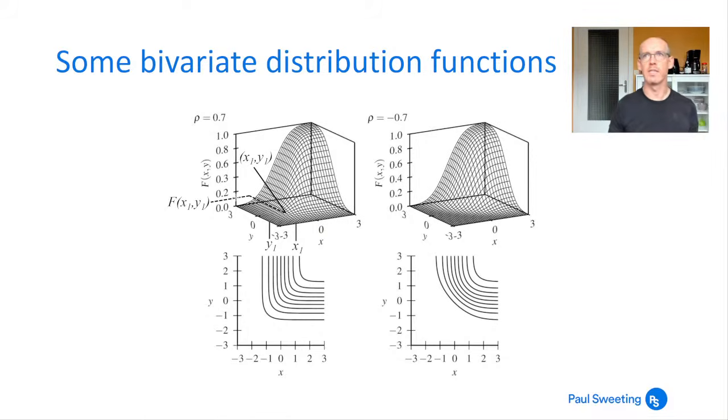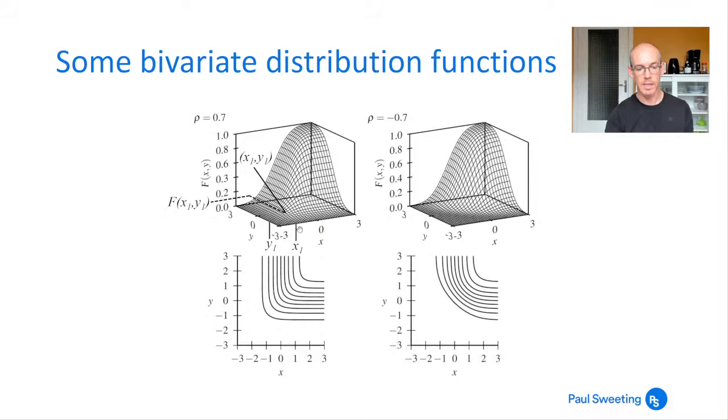So it's just taking an analogue of that when you move to higher dimensions. But if you have a distribution function, you don't need to worry about that. If you've gone from a density to a distribution function, or you work with a distribution function to start with, which is something we'll see you can do later, it's just a case of plugging in the numbers, x1 and y1, and reading off the result.